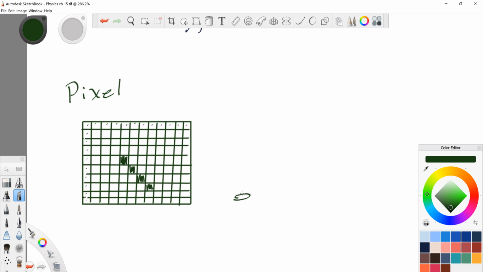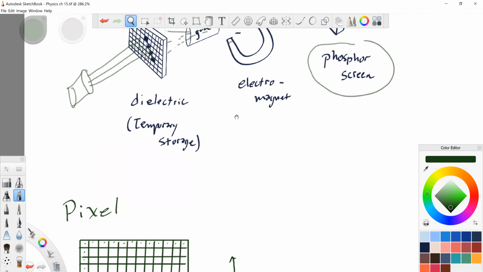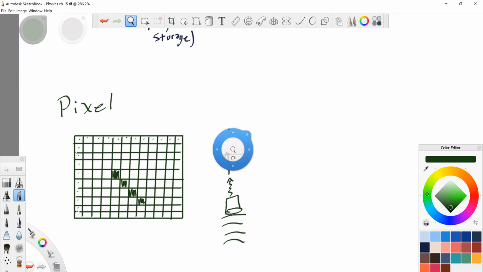All right, here's my little transducer. Sound comes back, hits a piezoelectric element. The piezoelectric element creates a voltage. Why? Because that's what piezoelectric elements do. And this little voltage goes back and runs into, well, there are some other things going on, but let's just say it finds its way to the dielectric and creates a memory space on that dielectric.